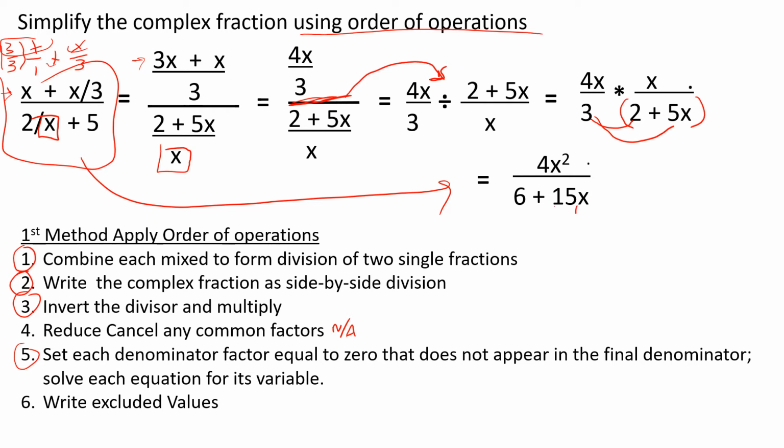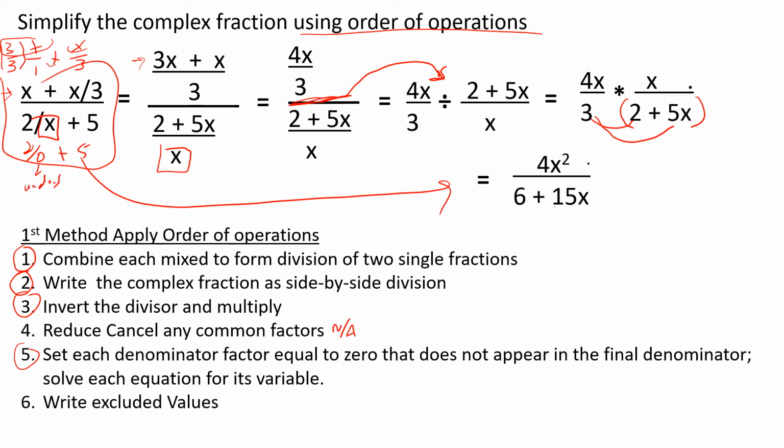Now, if you plugged in 0, then 15 times 0 is 0, but 6 plus 0 is 6. So you're not going to get an undefined no matter what number you plug in for x here. So it's not the same. But here, if we had plugged in a 0, 2 divided by 0 plus 5, well, this is undefined.